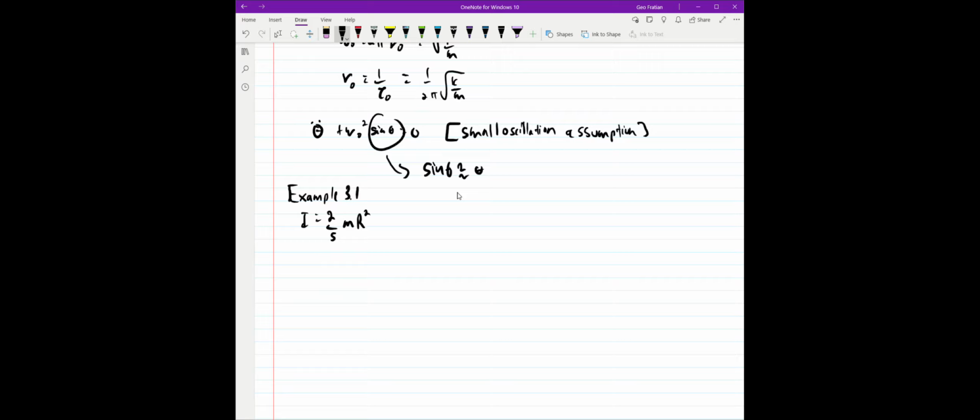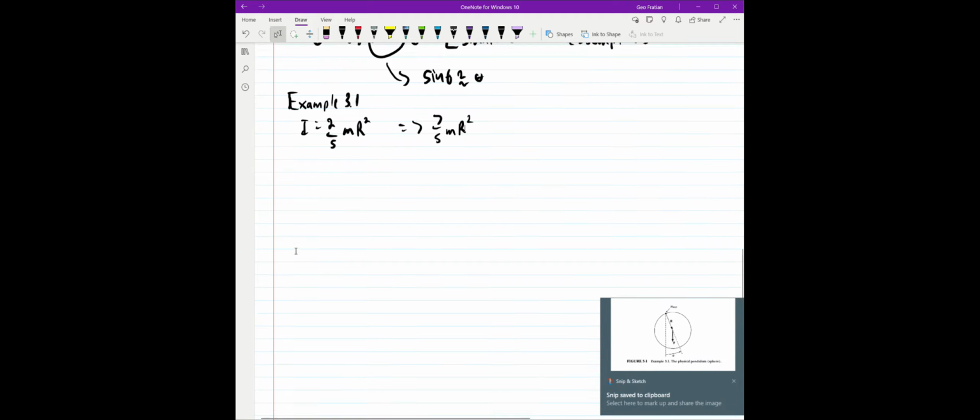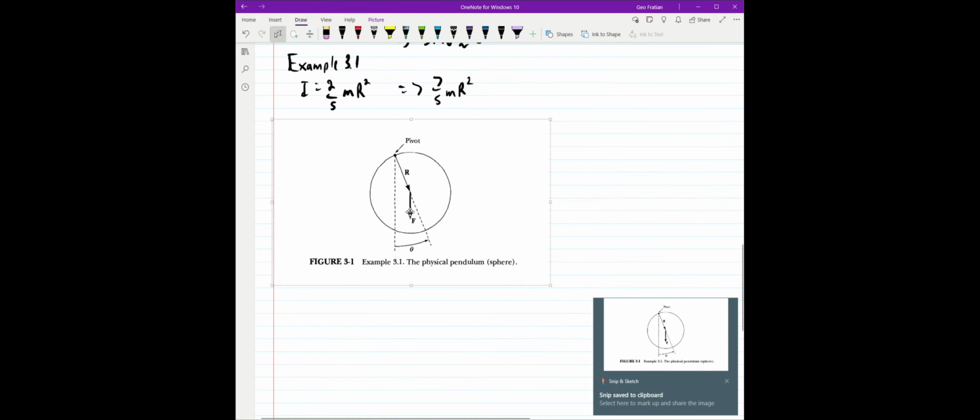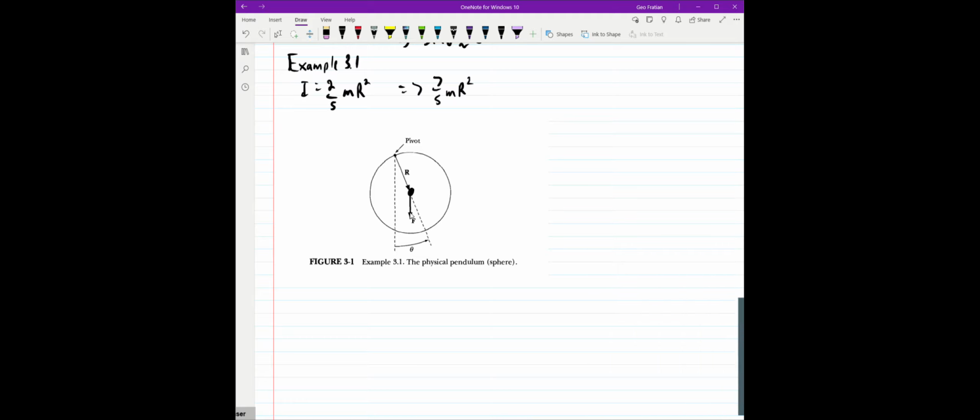Using the parallel axis theorem, we basically get 7/5 mr squared, because we're trying to go for a different axis. So let me show you a picture of what I'm talking about. So sphere, right, around the center, 2/5 mr squared. We want to move the pivot to here, 7/5 mr squared.